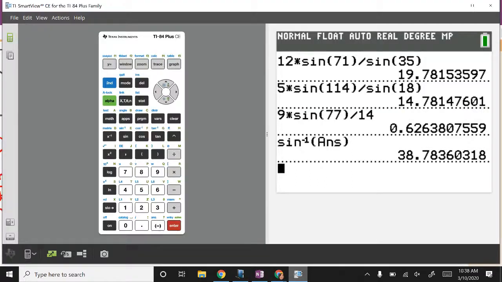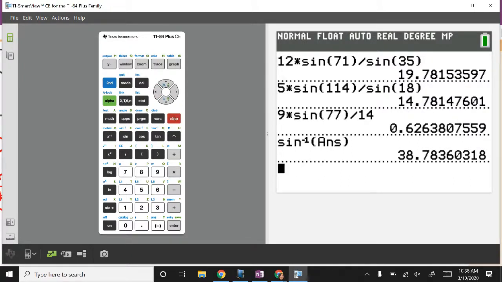15 times sine 31 divided by what? What did we say? I mixed that up, didn't I? The 15 sine 126. Yeah, 126.